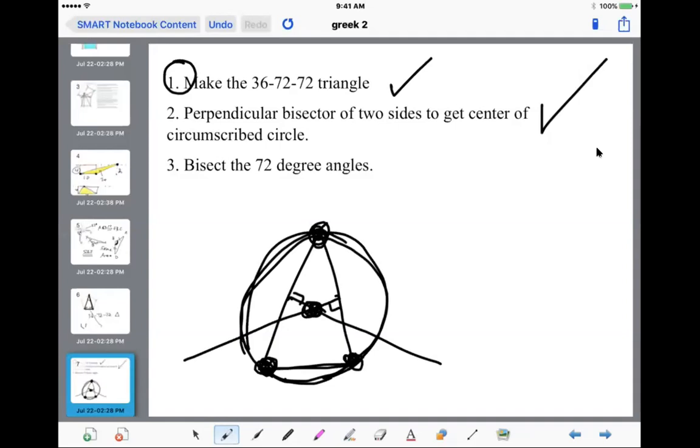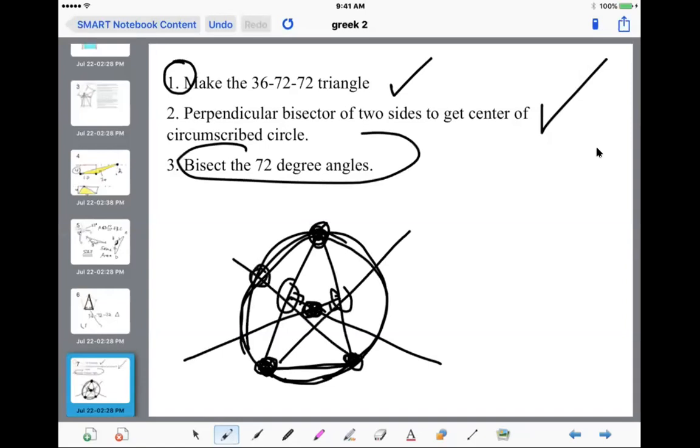And of course, we know how to do perpendicular bisector. That was from yesterday. And then the third step is to bisect the two 72-degree angles. And if you do that, you'll have the perfect pentagon.